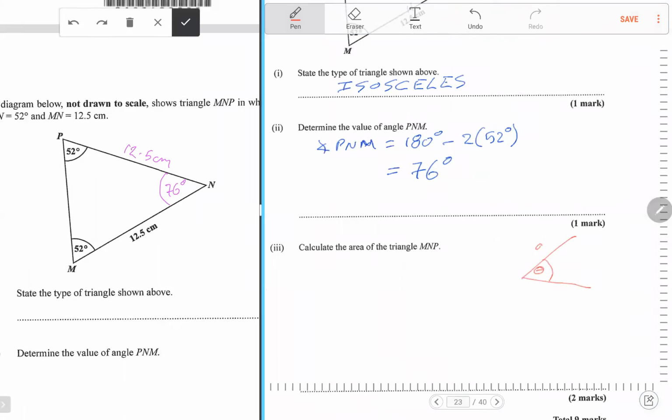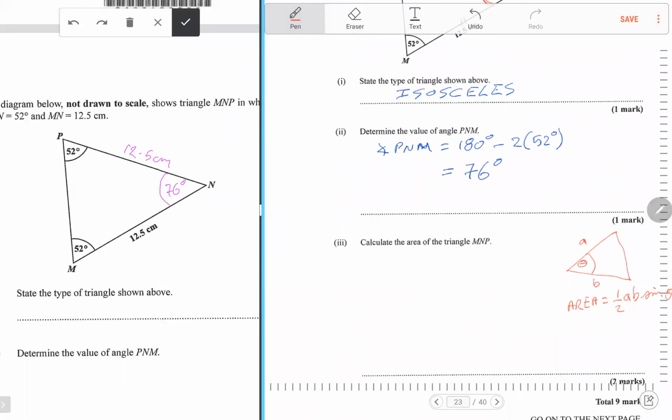So this is a, b, and the area is half ab sine theta. That's the formula we're using.